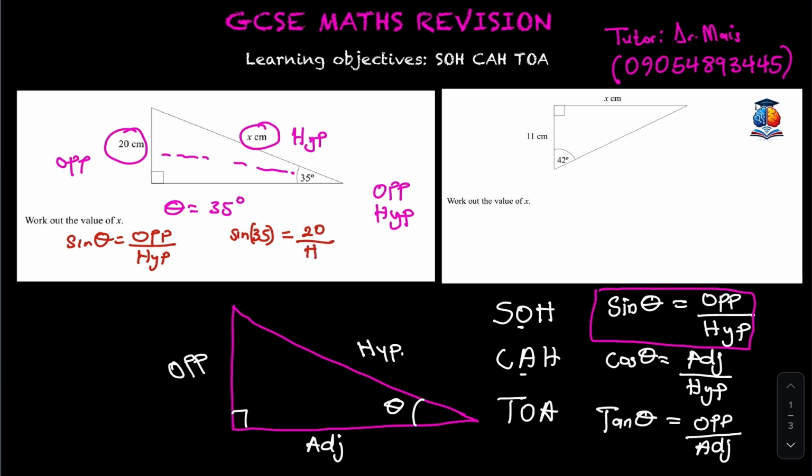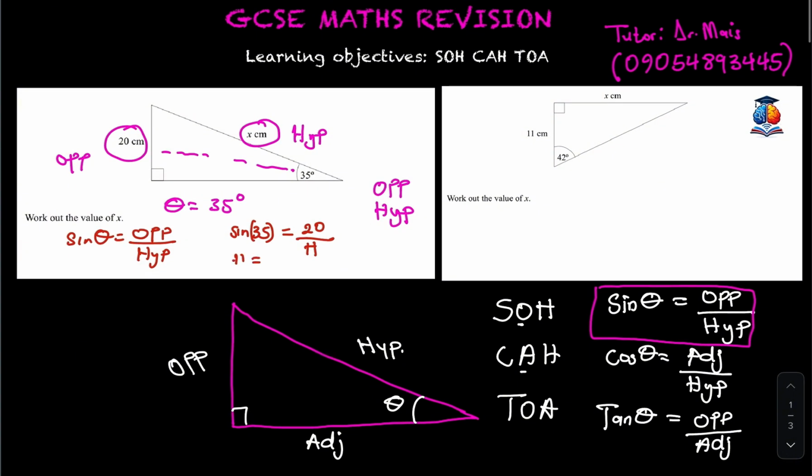Then to solve this simply, you just have to cross multiply, and then the hypotenuse is going to give 20 over sine 35.